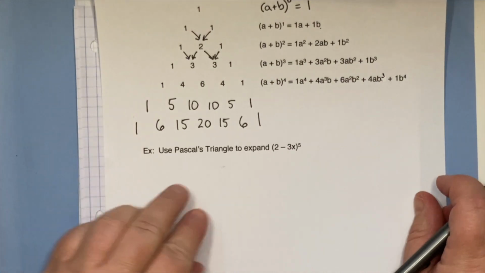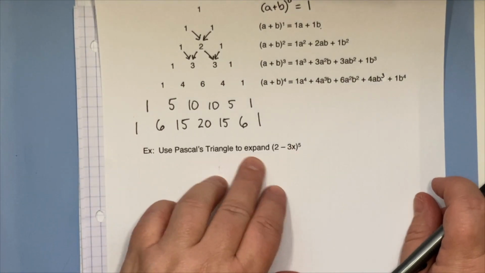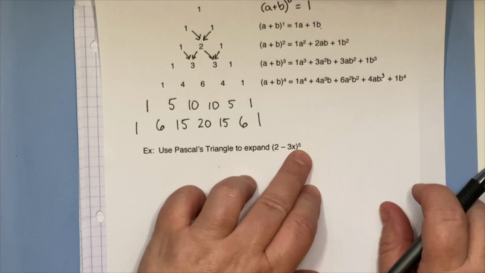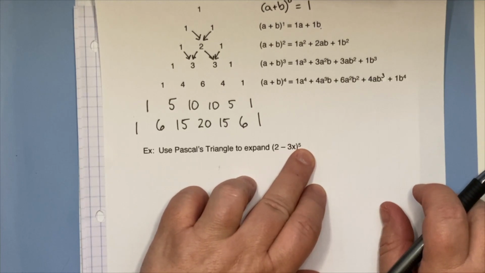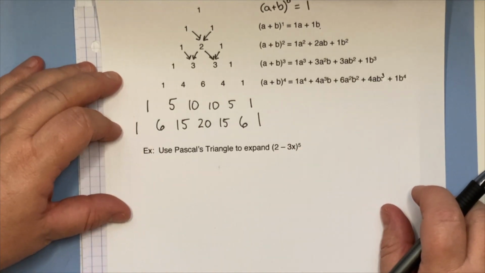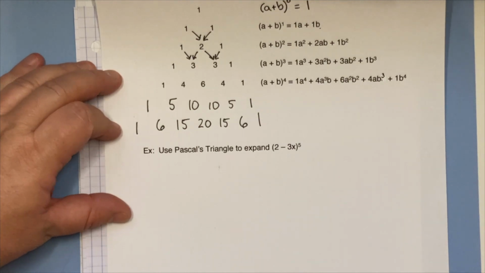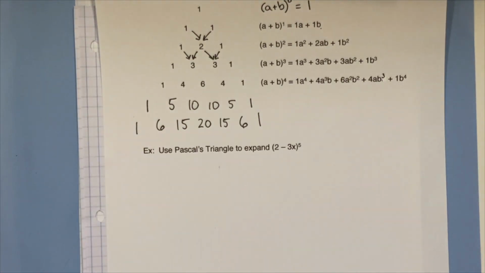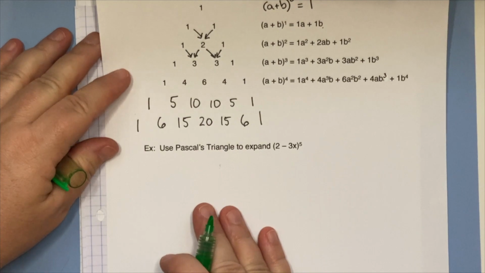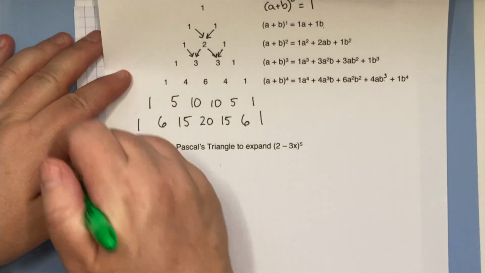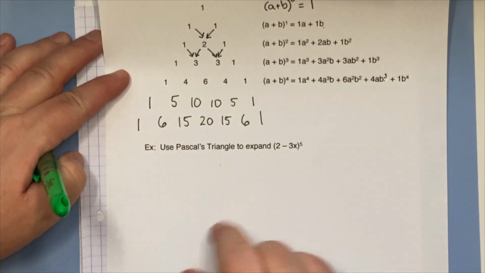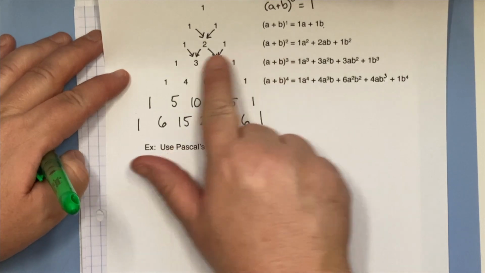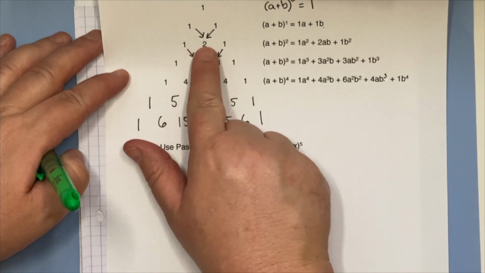We want to use Pascal's triangle to expand 2 minus 3x raised to the 5th power. So the first thing is we want to find the 5th power row. And you know that by, if you look here, the squared row has the 2 in the 2nd position.